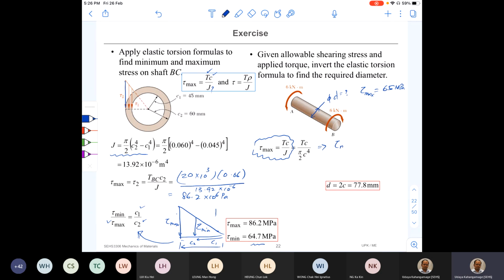If I simplify this, I get tau max is equal to 2 times T divided by pi C to the power 3.